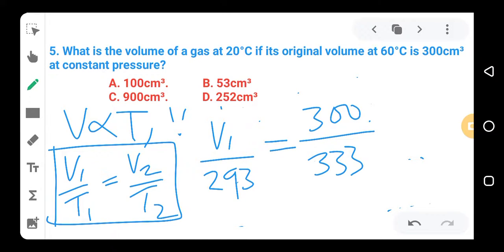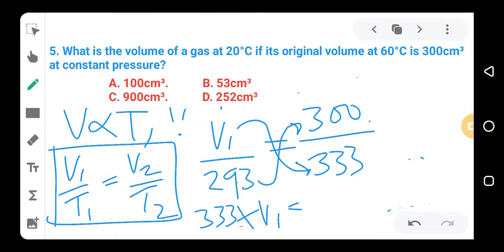Now if we do cross multiplication, we have that 333 times V1 is equal to 293 times 300.